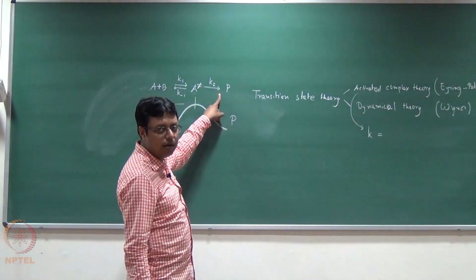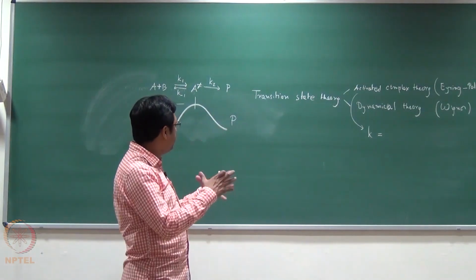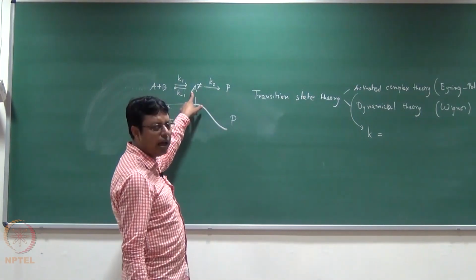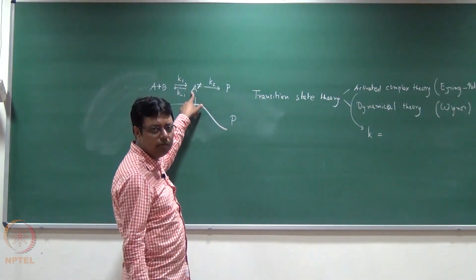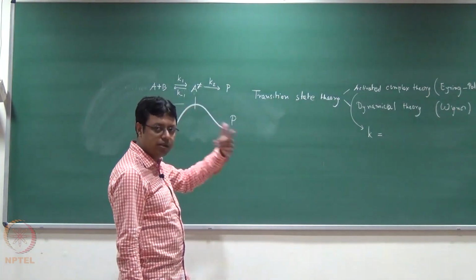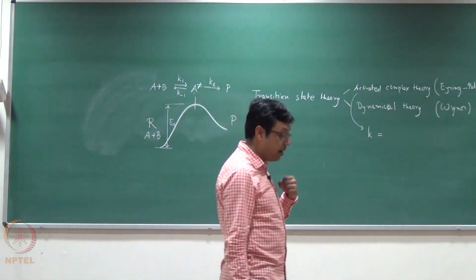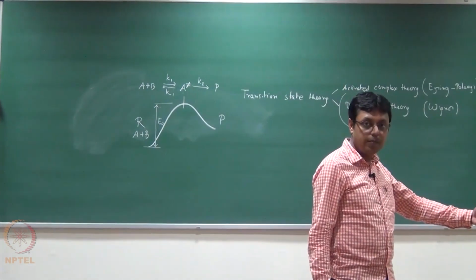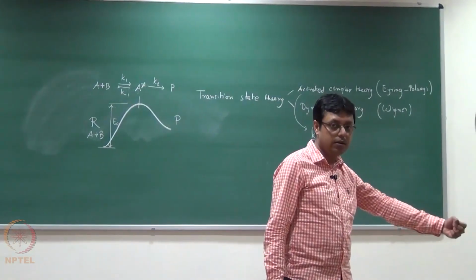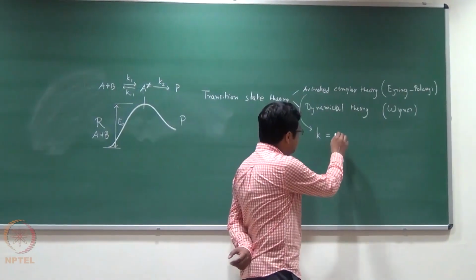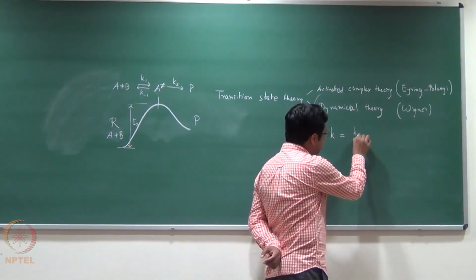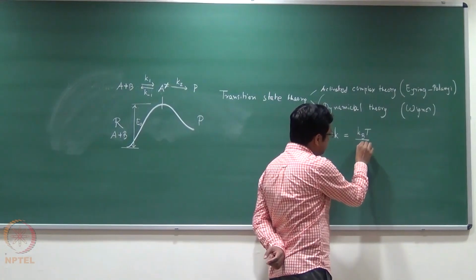Eyring and Polanyi thought that this molecule will have 3N minus 6 or 3N minus 5 degrees of freedom, with one of the vibrational degrees of freedom, which is very weak and along the reaction coordinate, giving you the product. Then they came up with a very celebrated equation.